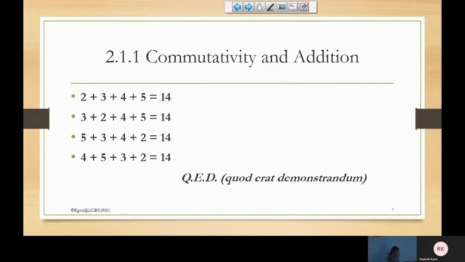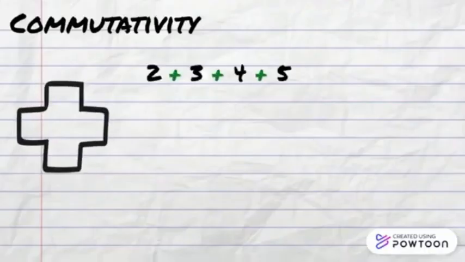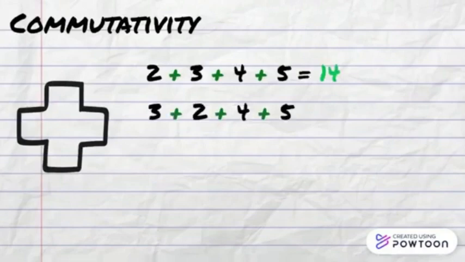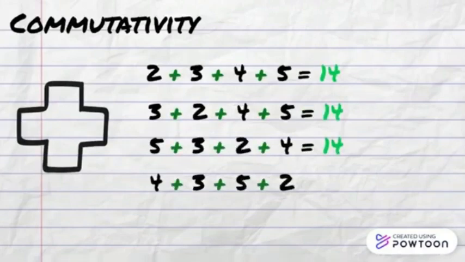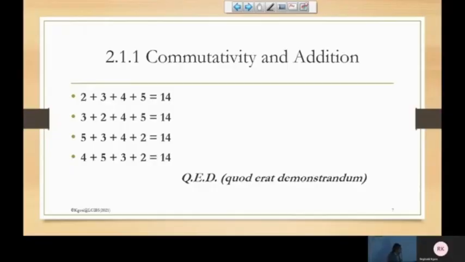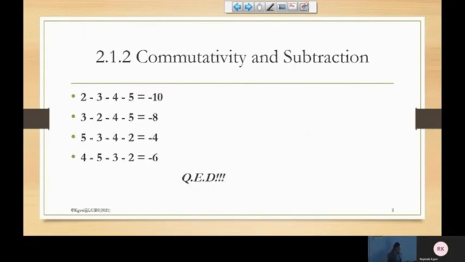You get 14. You take the same four numbers, but you swap them around. You change the order. Regardless of how you swap them around, you see that the answer is always going to be 14. Quod erat demonstrandum. In other words, hence proved. QED, that's what we simply say.